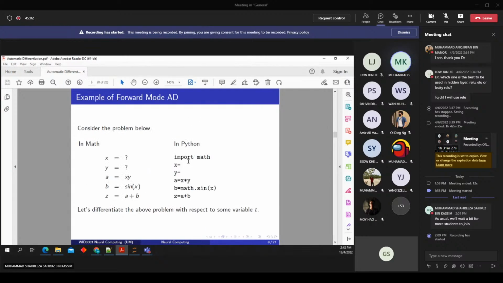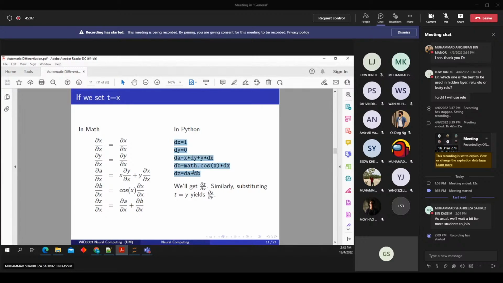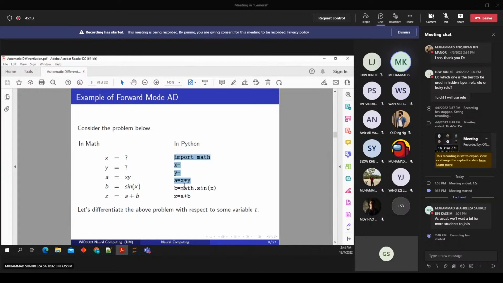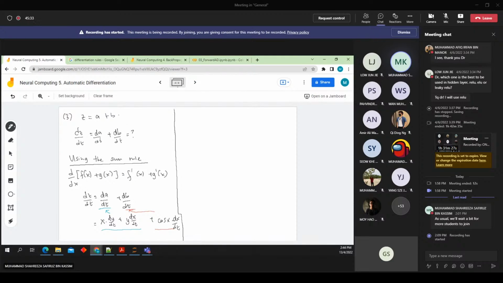Because this code has to be seeded in a way, you have x and y, a, b, and z here, so you have to seed these two values as well. I'll show that later. This dual number concept, I find students are a bit confused. I myself can be confused as well, right? It's kind of challenging.